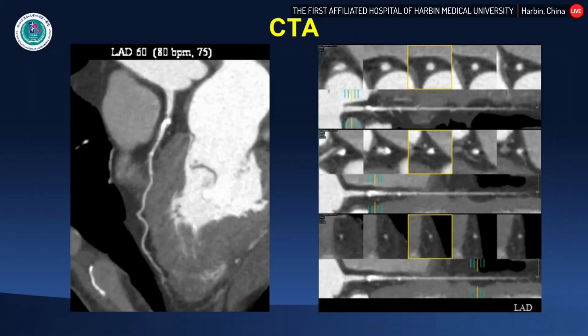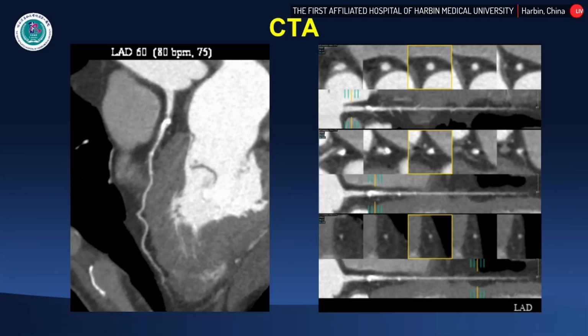The patient also had a CT before this procedure. There was severe stenosis at the left main with calcification, and according to the CTA, the calcium grade is 3A.